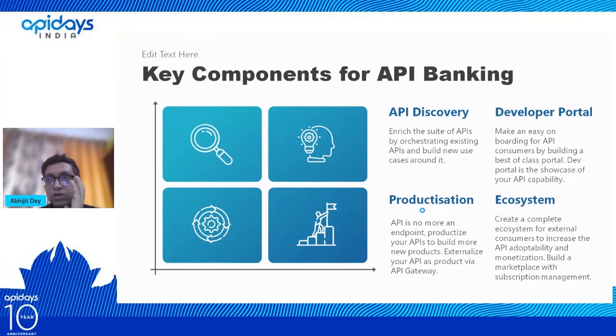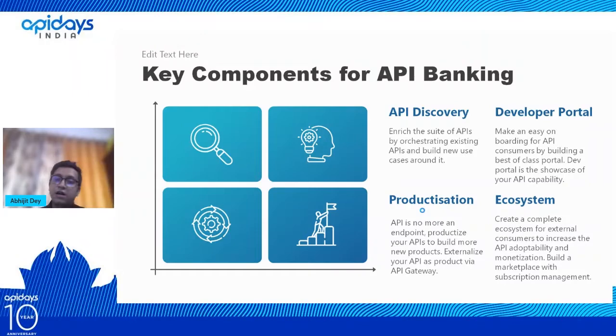So your entire capability, you may have thousands of APIs, you may have hundreds of open API stacks, but all these you need to showcase in your developer portal, and it's a visual depiction of your API capability. So while you are building your developer portal, you should be very cognizant of the fact that whatever you have built, it should come in a proper way in your developer portal.